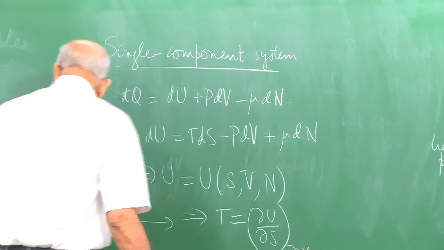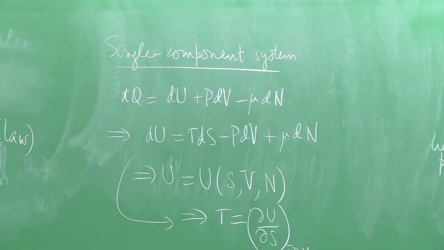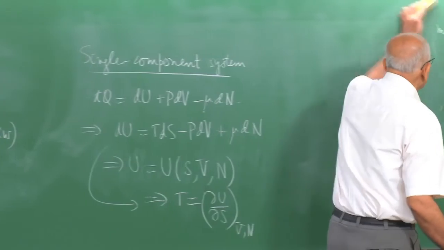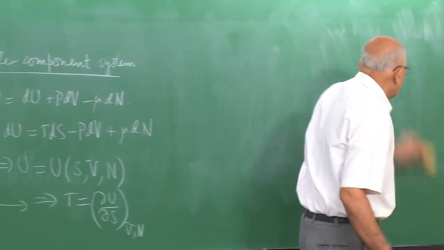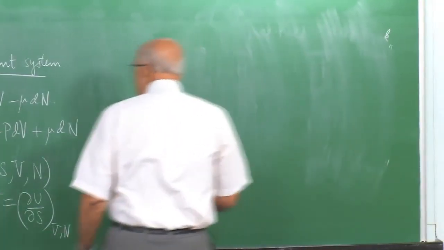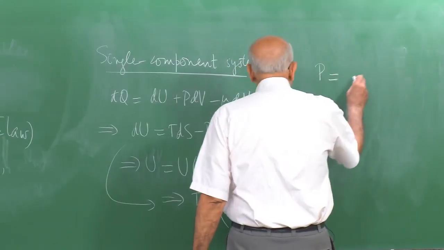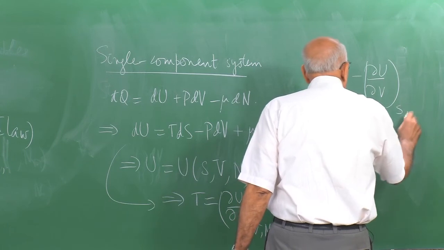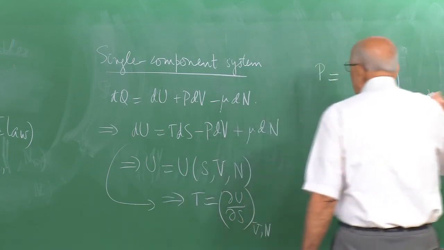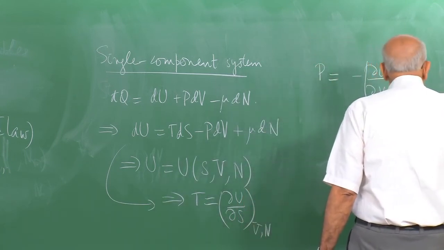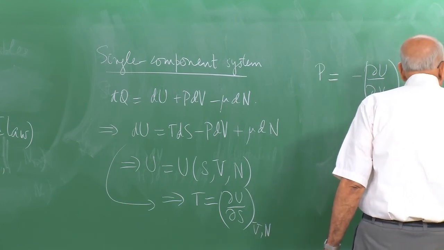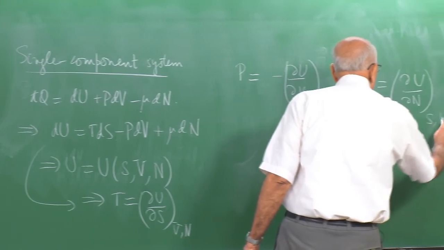Similarly, in exactly the same way, you immediately find also that the pressure is equal to minus delta U over delta V, keeping S and N constant, and the so-called chemical potential is the derivative of U with respect to N, keeping S and V constant.